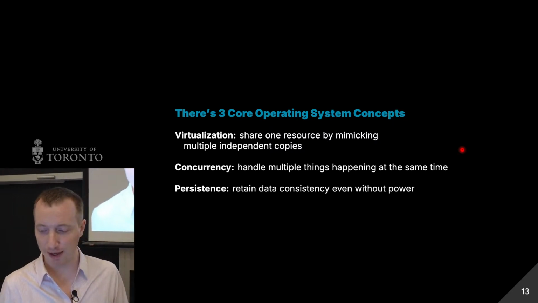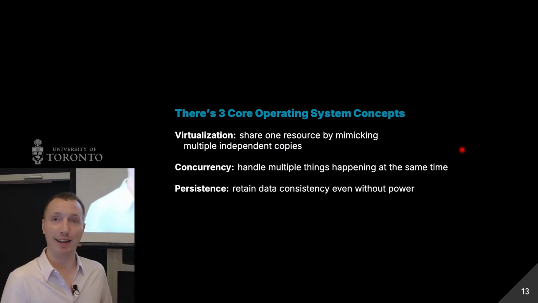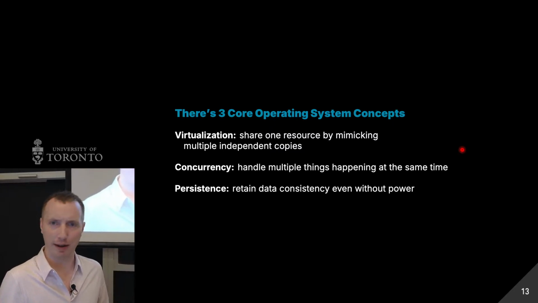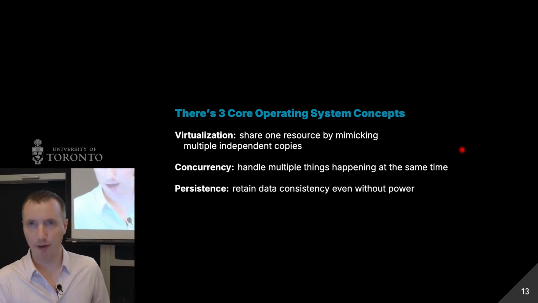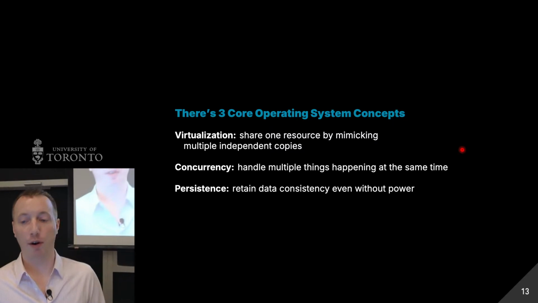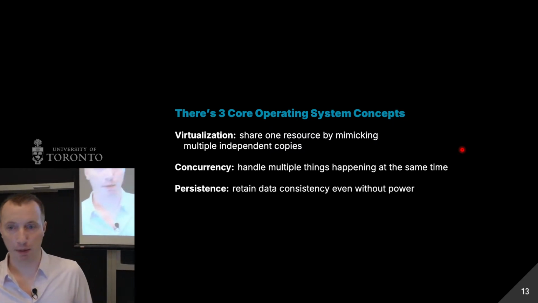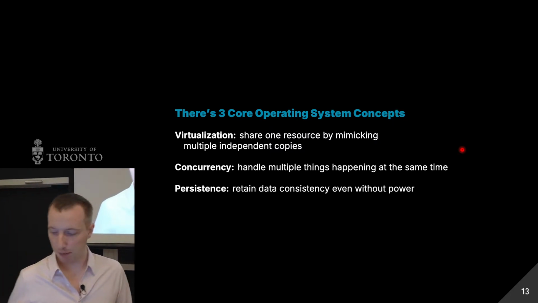Concurrency is definitely one of those. That's handling multiple things happening at the same time and trying to synchronize all of that. And the last, which will be the very chill period, is persistence: how we store data on a hard drive, and how we make it consistent, even without power.